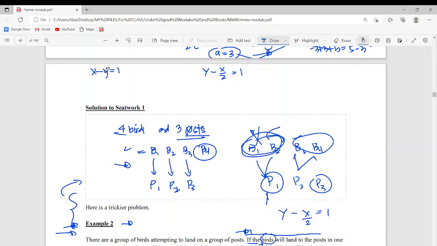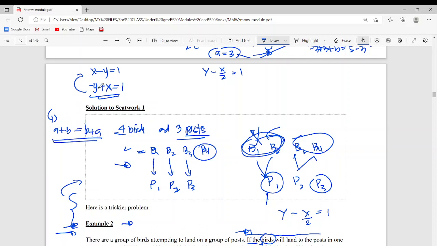So we want the value of x. Since y came first here, we can change this to negative y plus x is equal to 1. What does that mean? Aren't they equal? Yes, they are equal, since we have the commutative law: a plus b is equal to b plus a.